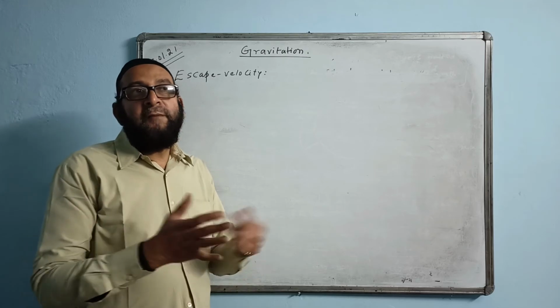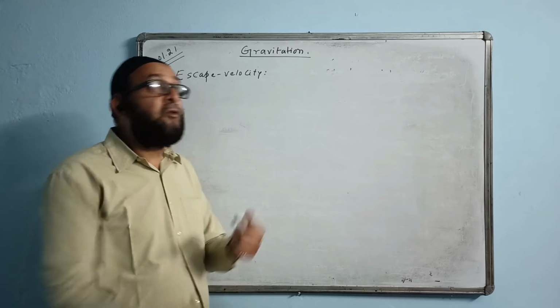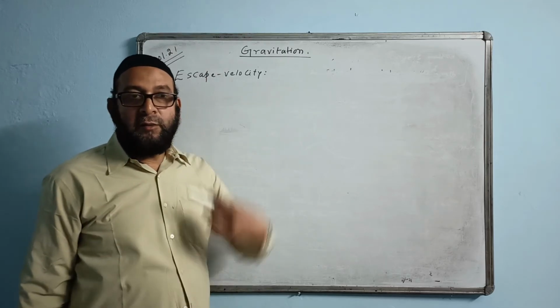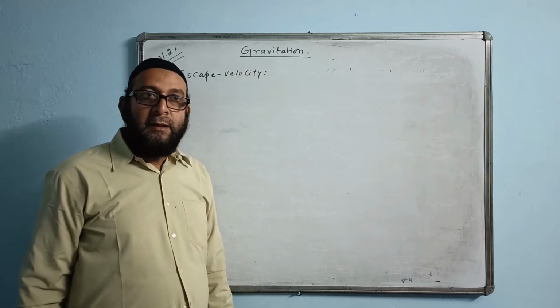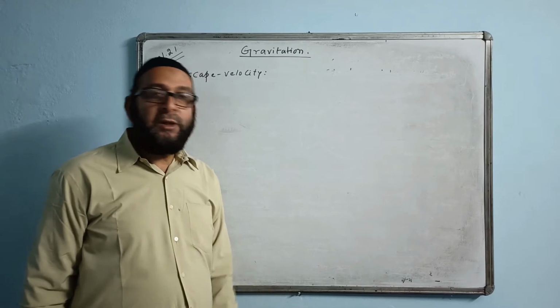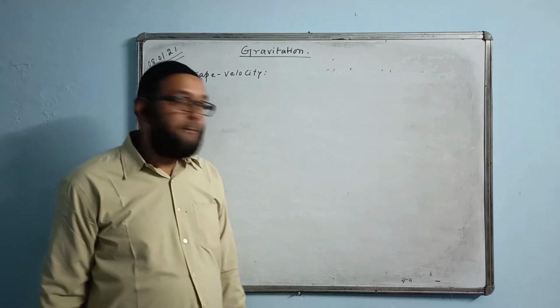If you give some velocity to the body so that it does not return back to the earth's surface, it goes out of the gravitational pull, out of the gravity. Such a velocity given to the body is called escape velocity.